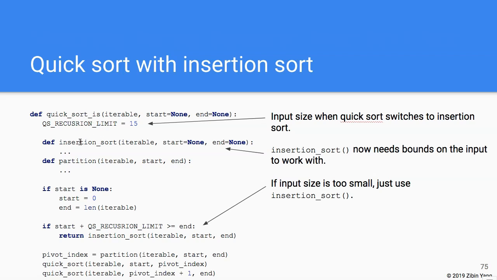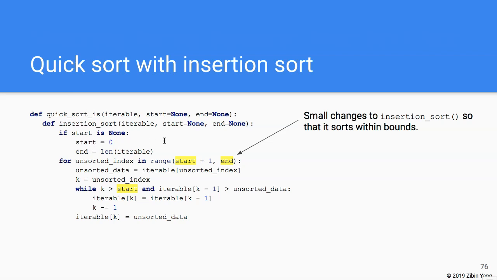The modification to insertion sort is fairly straightforward. Now that we have the start and the end index, instead of always starting at 1, we start at start plus 1, obviously, and where we used the end of the input, now we end at what we are told to end.